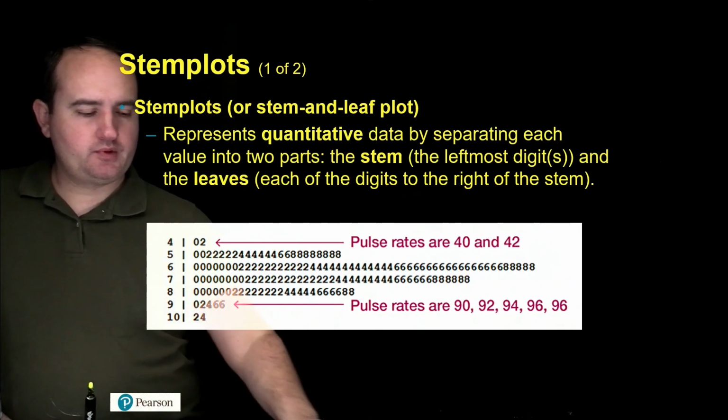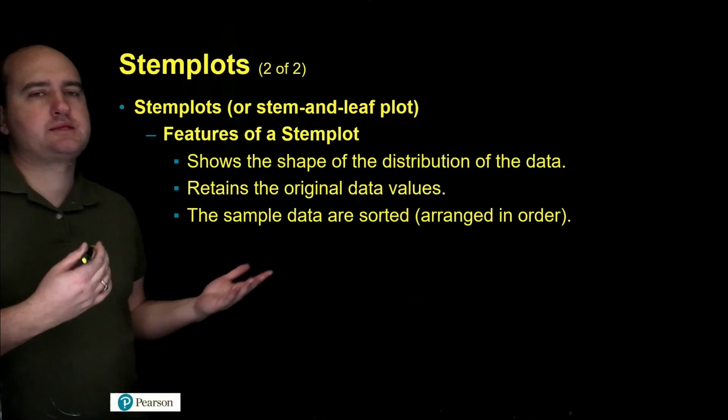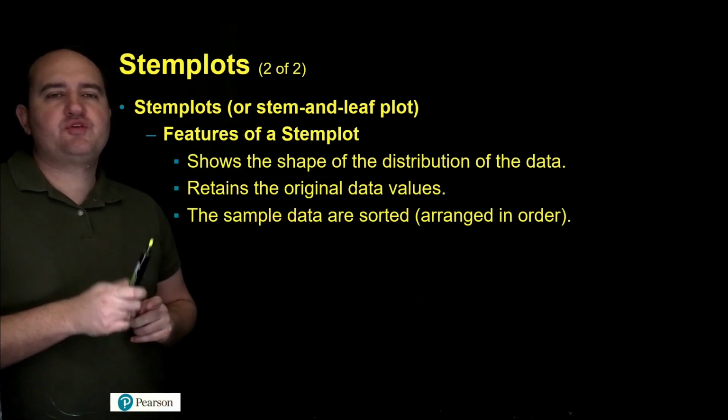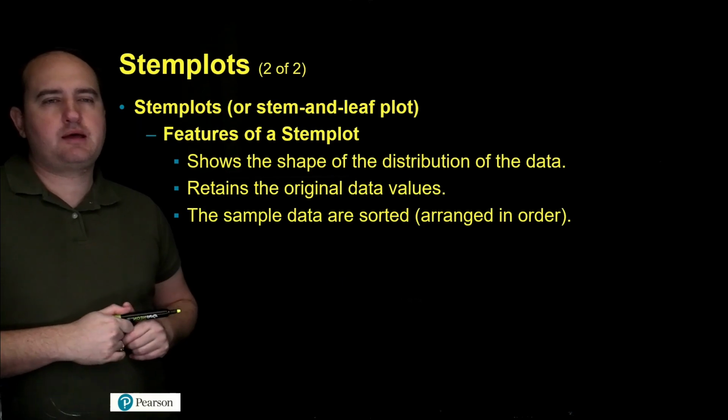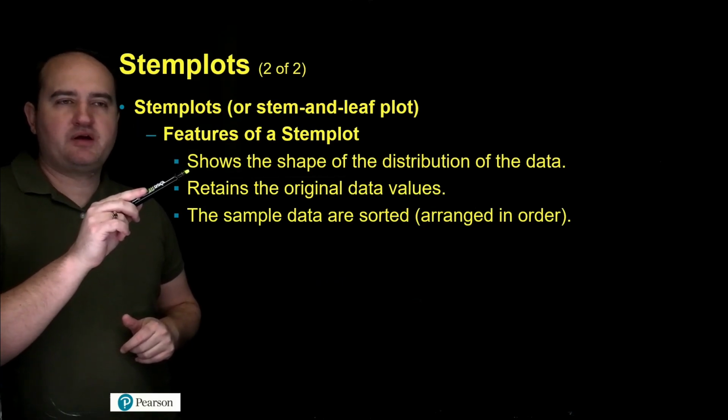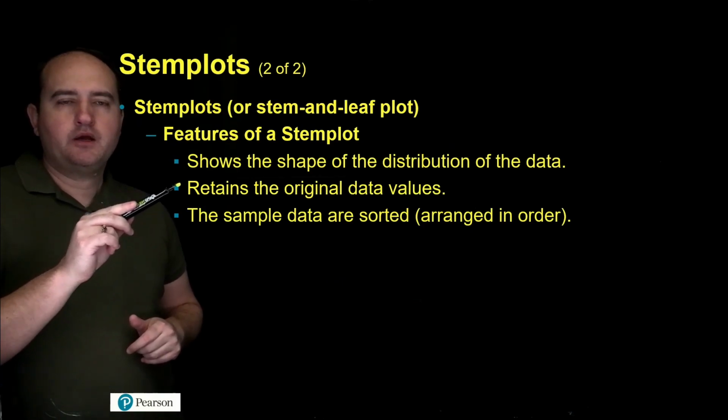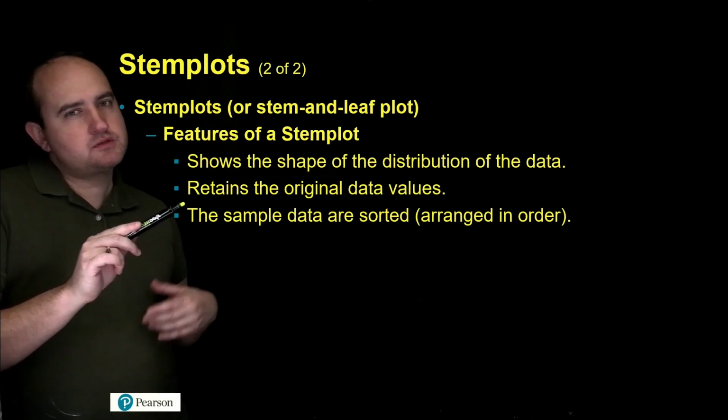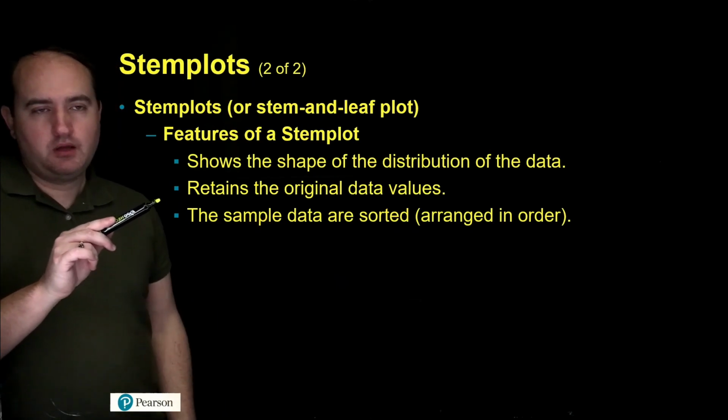So what's so great about stem plots? We've already seen it. The good things about a stem plot are that it shows the shape of the distribution of the data, and it retains the original data values, supposedly.